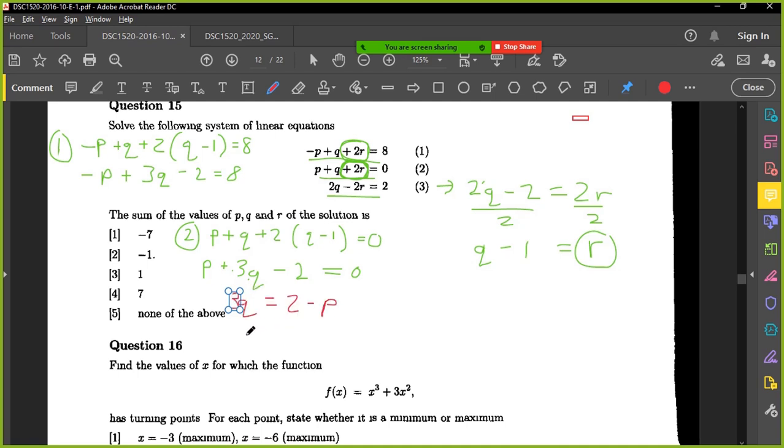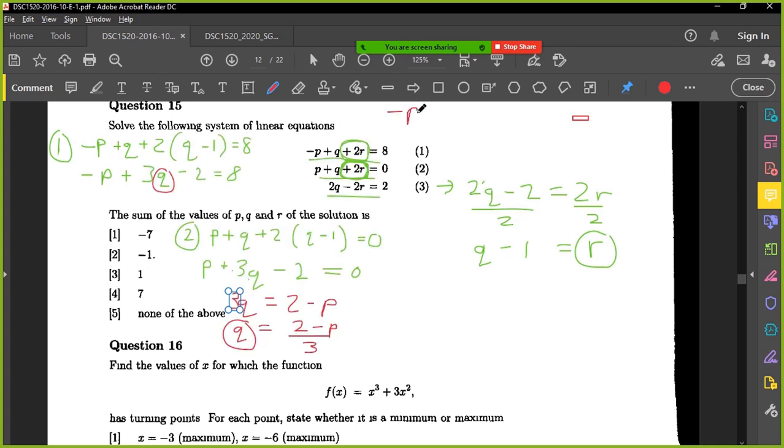Divide both sides by 3: Q equals 2 minus P over 3. So now we've got a Q that we can substitute into that one.